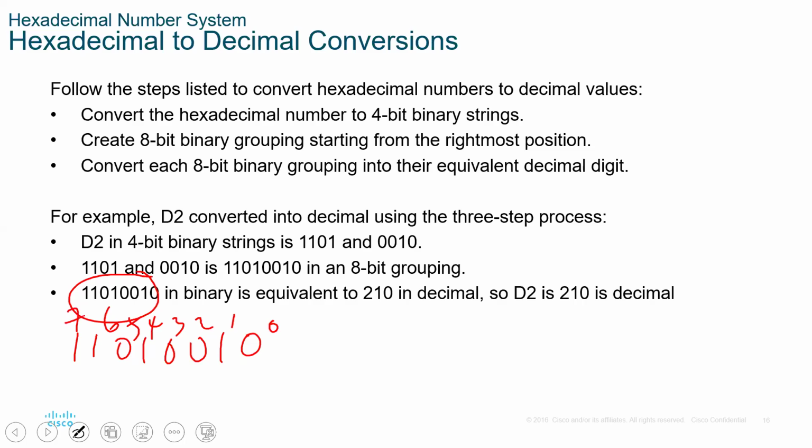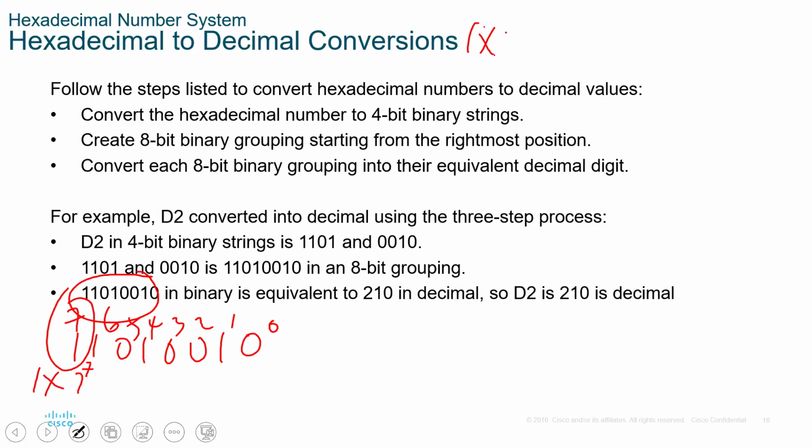So I've done the numbering. The next thing is just to evaluate it by multiplying by base 2, since it is in binary, which is base 2. So here will be 1 times 2 raised to the power of 7.